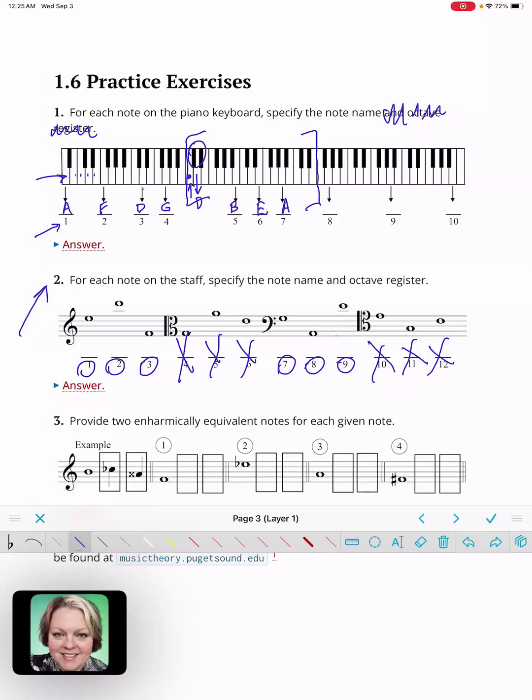Again, the octave register is not something you're going to have to worry about. All I care about is whether or not you can tell me it's an A, B, C, D, E, F, or G.